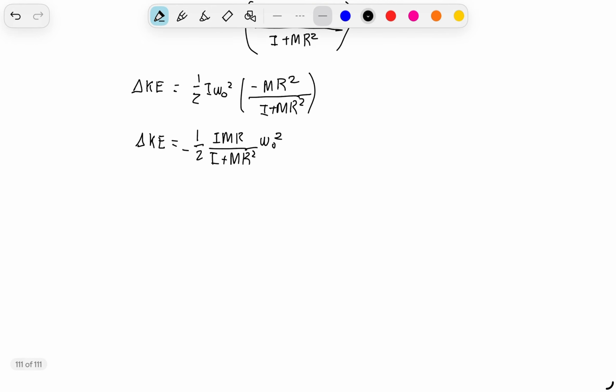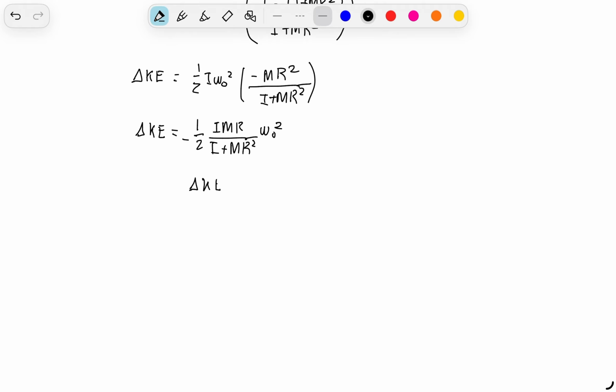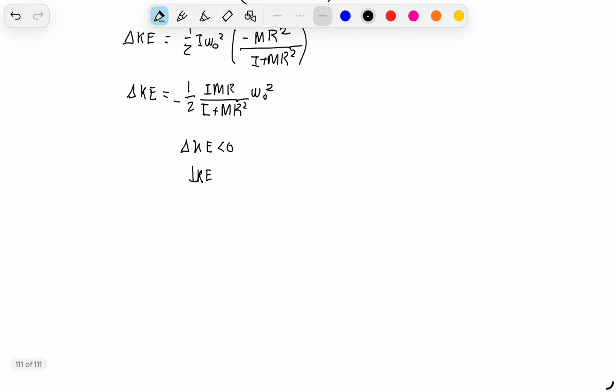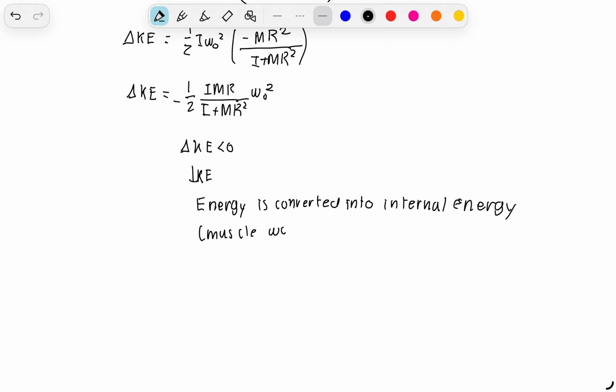So what you can see here is that your delta kinetic energy is going to be less than 0, therefore your kinetic energy decreases. And where did it go? Well, our energy is going to be converted into internal energy, which consists of muscle work and also heat.